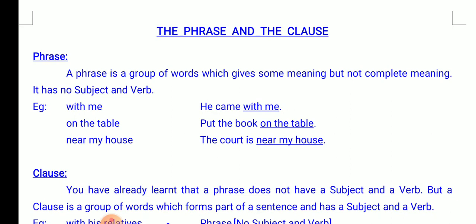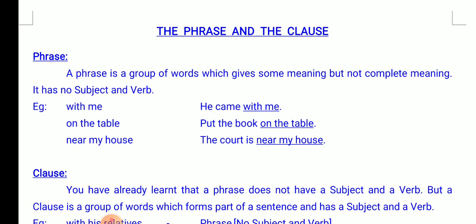And then you must also remember some meaning but not a complete meaning. A phrase gives some meaning, but the meaning it gives is not complete. Therefore, you remember a phrase is a group of words which gives some meaning but not complete meaning.